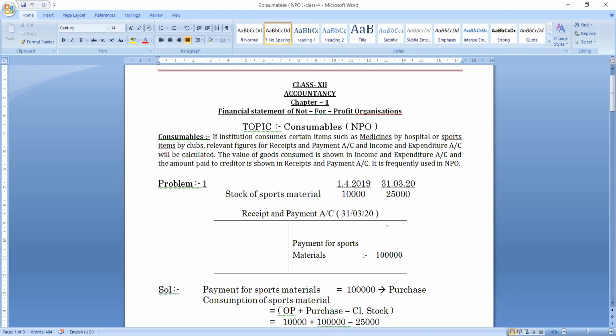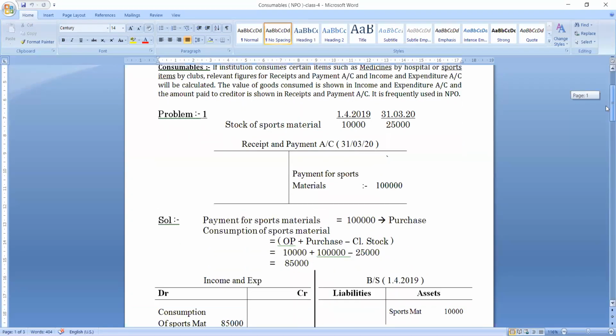The amount paid to the creditor, meaning the person you have to pay money to because of a credit or cash purchase, is shown in the receipt and payment account. It is frequently used in NPO.